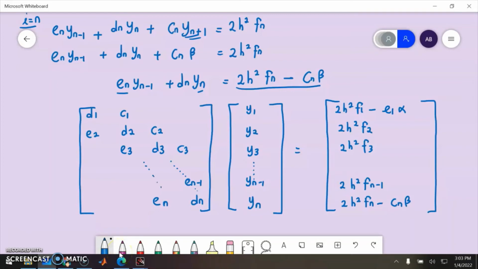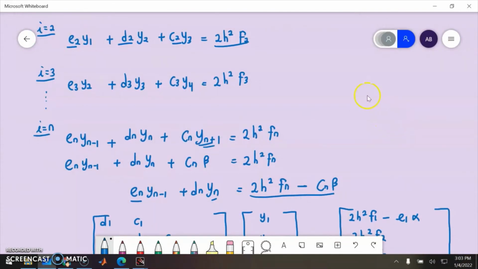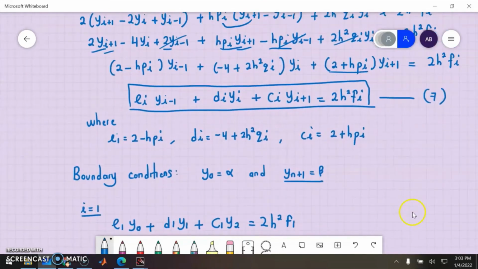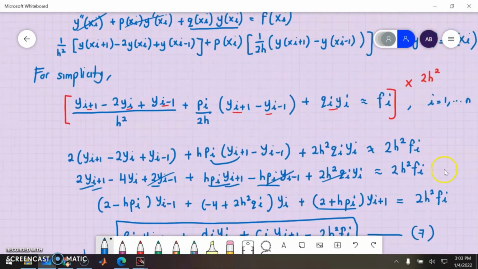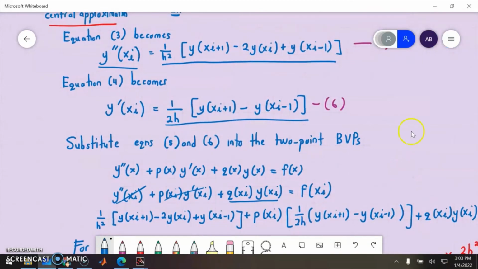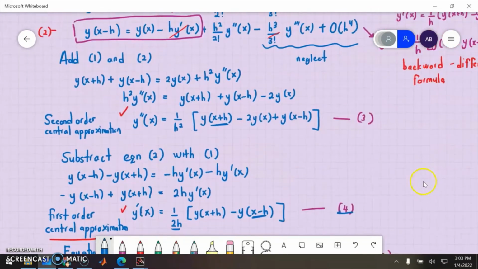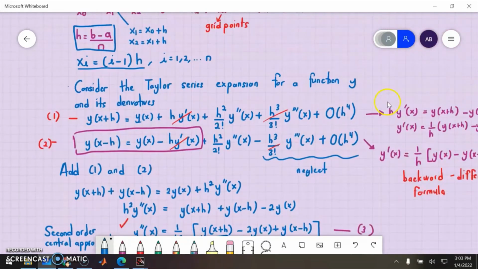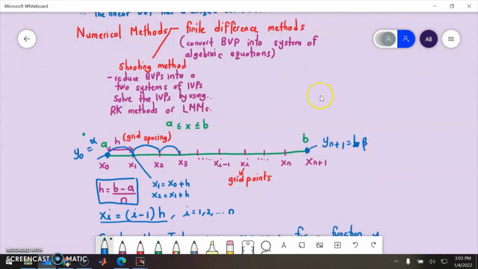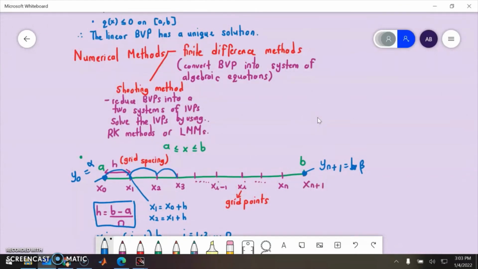So this is our equation here. This is what we get. This is what we will reduce to a system of algebraic equations. If you look at the main goal of solving a boundary value problem using the finite difference approach, I stated earlier that if we want to use the finite difference method, we convert the boundary value problem into a system of algebraic equations.